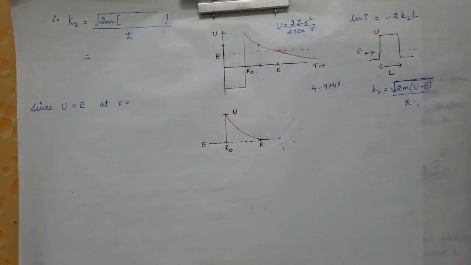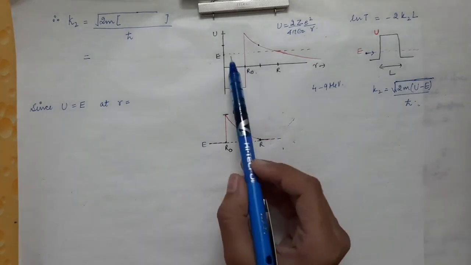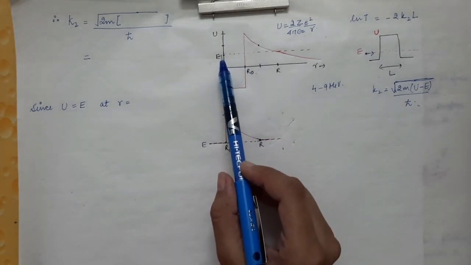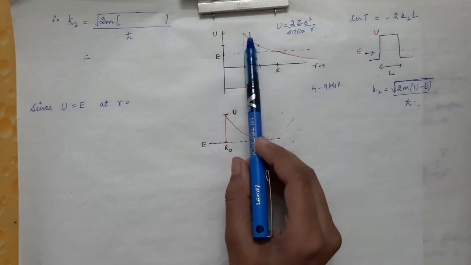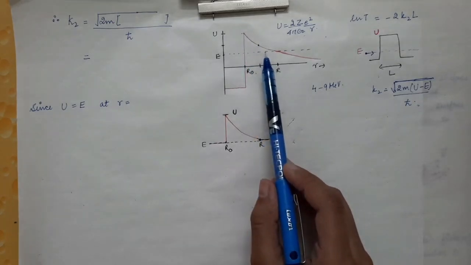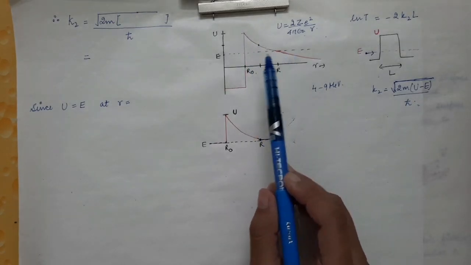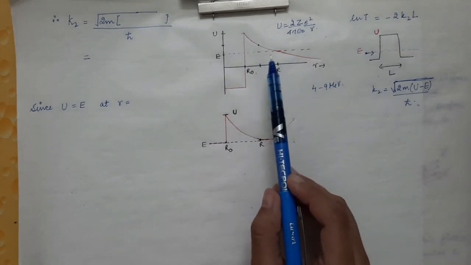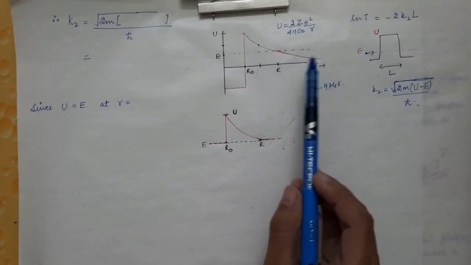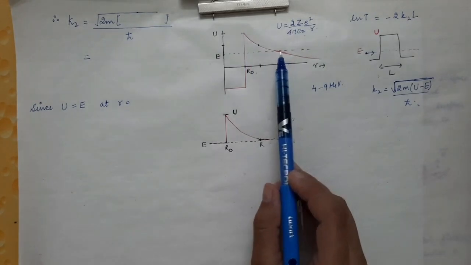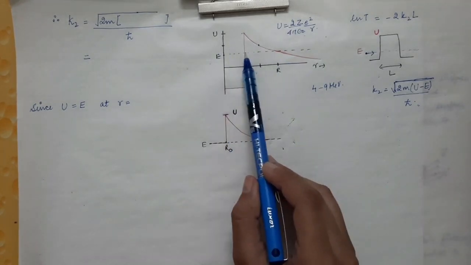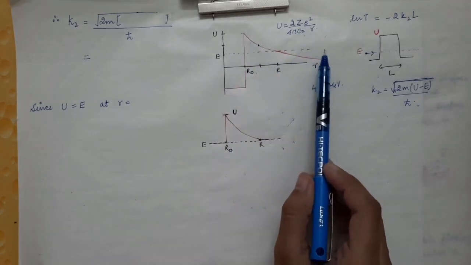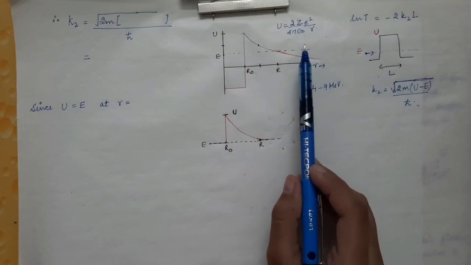Quantum mechanics says that if the energy of the alpha particle is less than the barrier height, then though the probability of the transmission is very small, it is non-zero.